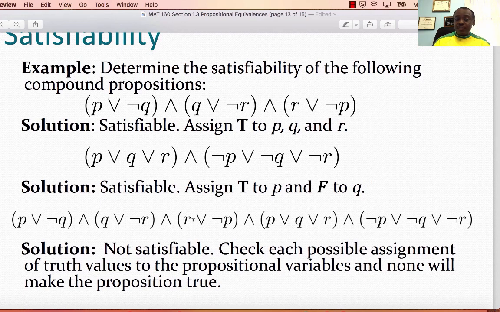That should probably give you an idea. If you are verifying the satisfiability of certain compound propositions and it's a little bit difficult to come up with a conclusion, you may just want to do a truth table and check the negation of the compound proposition. If it's a tautology, then we're done.